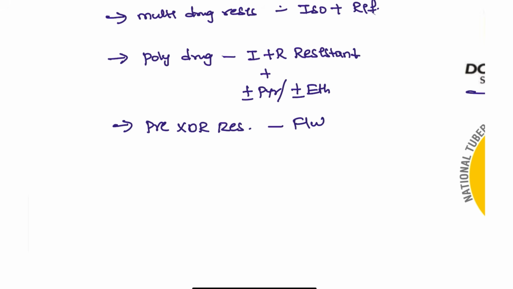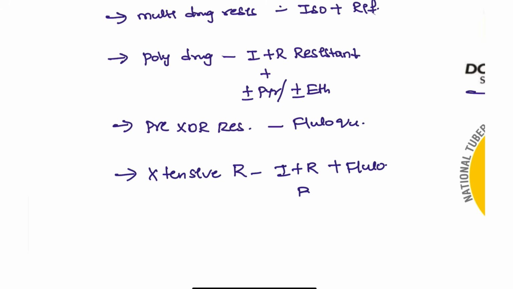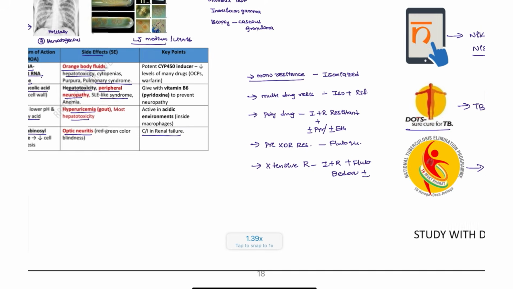This is resistance to another drug, the fluoroquinolones, or it is the extensive resistance. Extensive resistance is isoniazid plus rifampicin plus fluoroquinolones, and bedaquiline is also resistant in this patient. So all this will be the resistance seen in this extensive type of resistance.